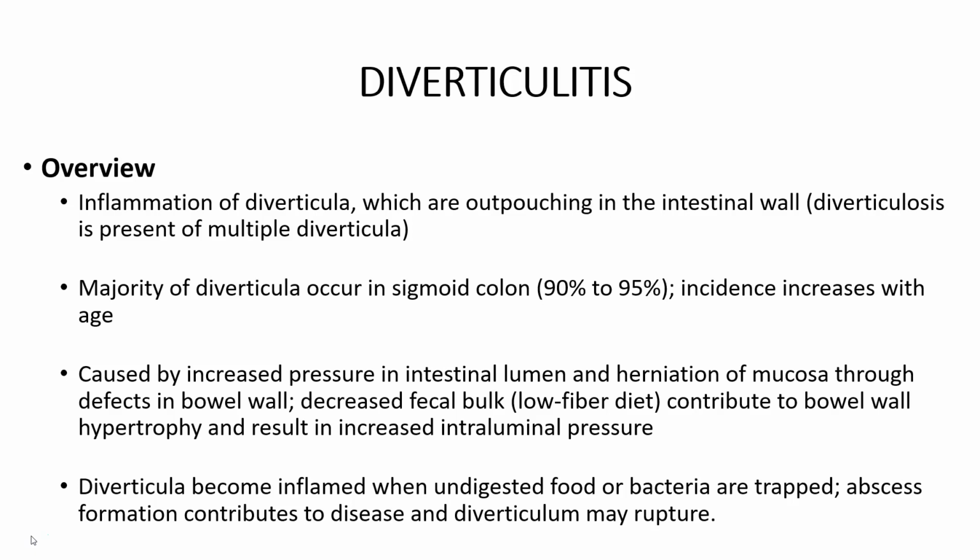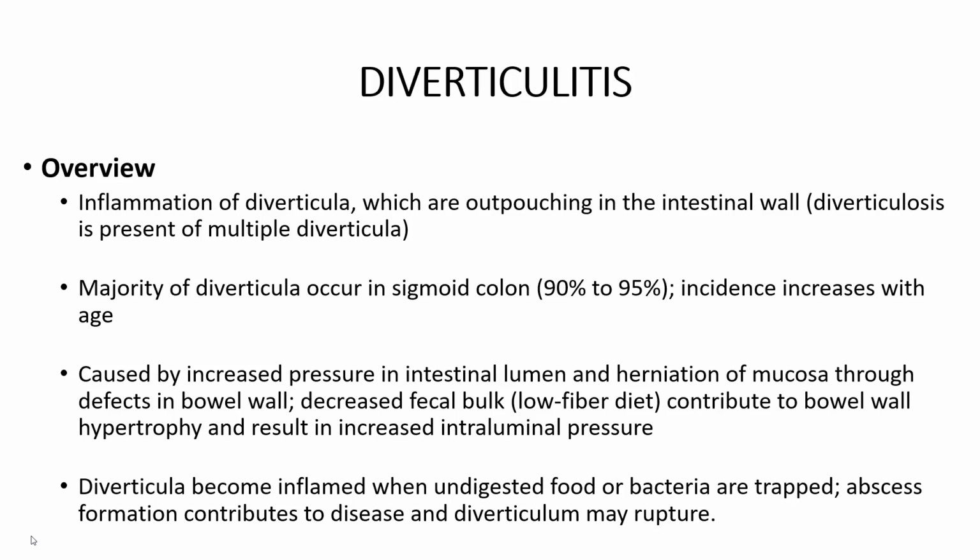When the diverticula become inflamed, when undigested food or bacteria gets trapped in those outpouchings, an abscess can form and the diverticulum can rupture. Also, the diverticula can become inflamed by an inadequate blood supply and nutrients from a poor diet.